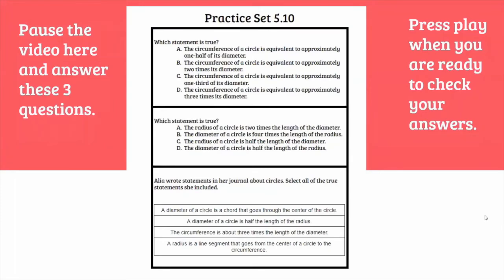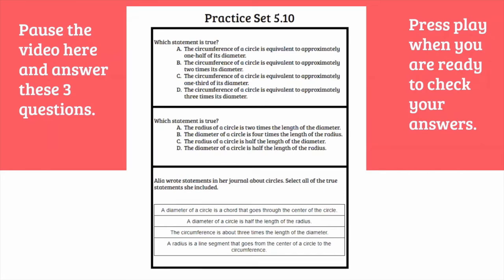Here are your practice set questions for today. The first question says, which statement is true? You have 4 answer choices to choose from. A says, the circumference of a circle is equivalent to approximately 1/2 of its diameter.